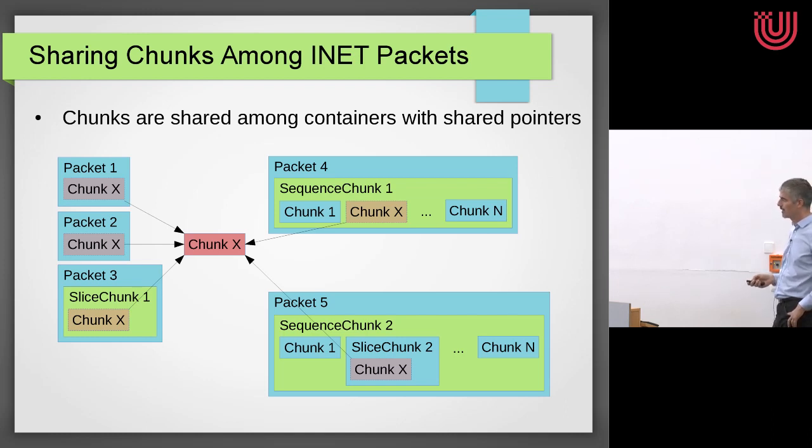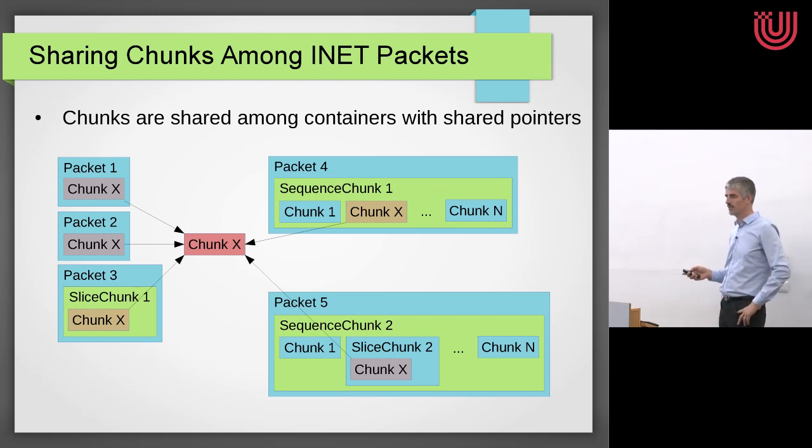Or you could have another packet which contains a slice of it plus some chunks before and after, and all sorts of combinations. It's also possible to share chunks among packets and buffers and queues. So it's completely transparent in that sense, and you don't have to actually deal with it. It happens automatically. It's not like you need to figure out what to share and what not to. It just works.